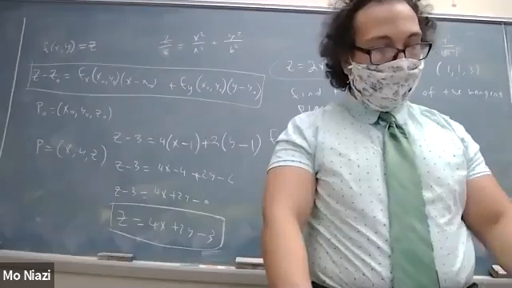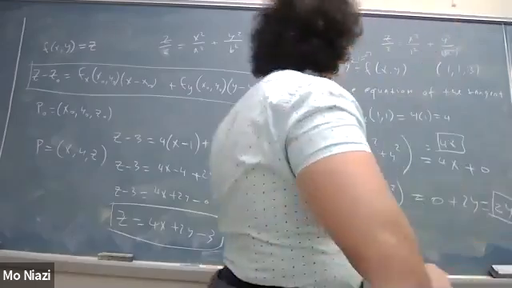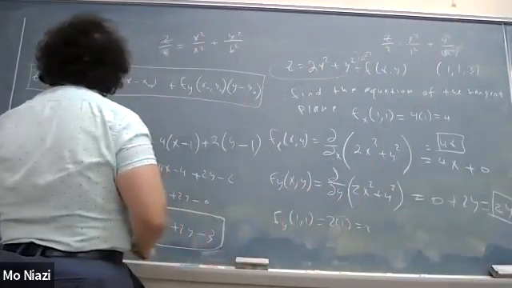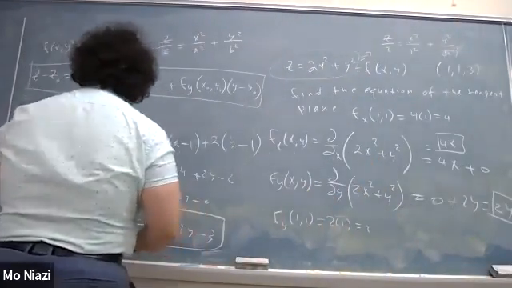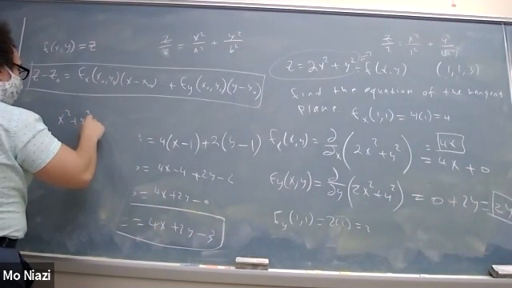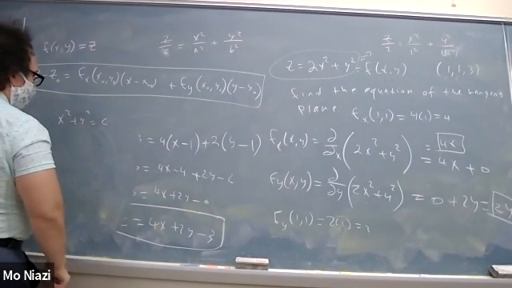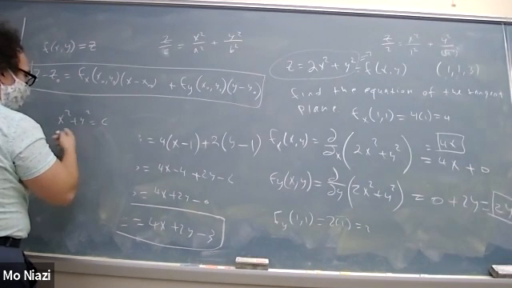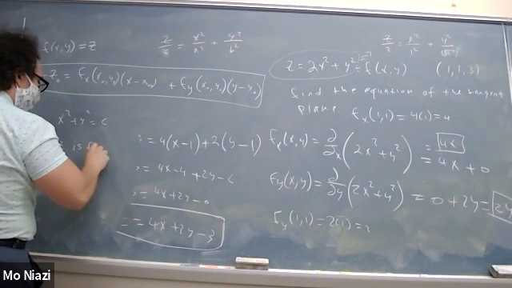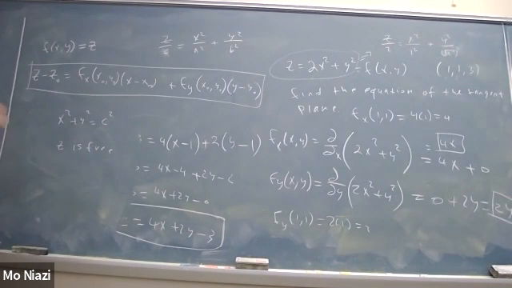Let me see here. Recall that a cylinder would be some x squared plus some y squared equaling some value c, where you don't specify z, z is free. Then this would create a cylinder about the z-axis of radius c.